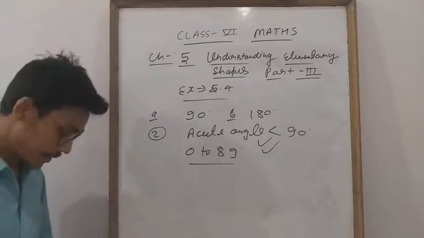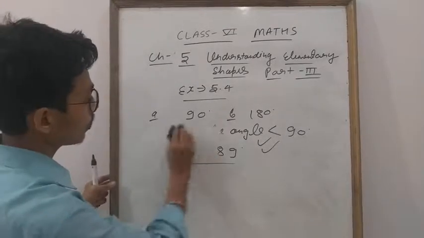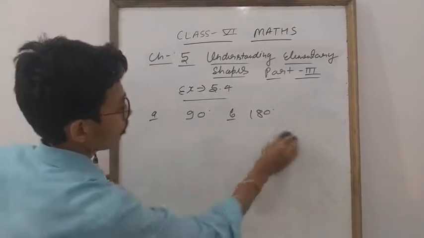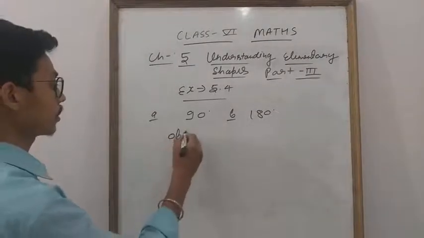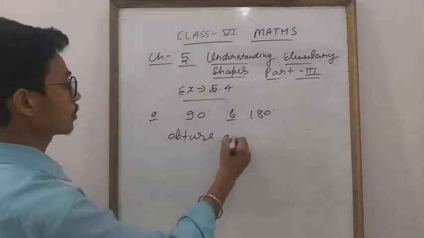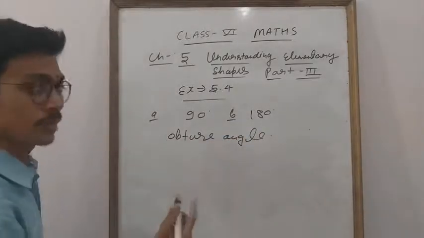Okay. Next is the measure of an obtuse angle. Now you know what an obtuse angle is, student? Everyone knows an obtuse angle means whose measure is more than 90 degree.